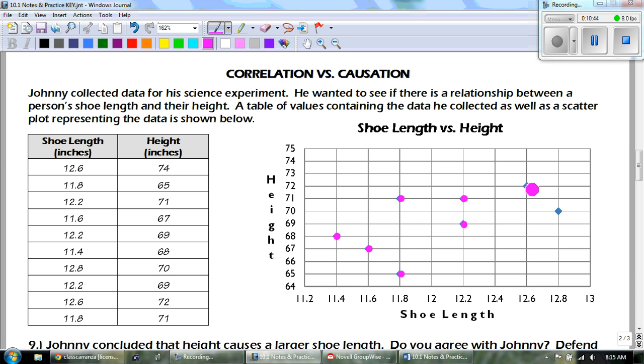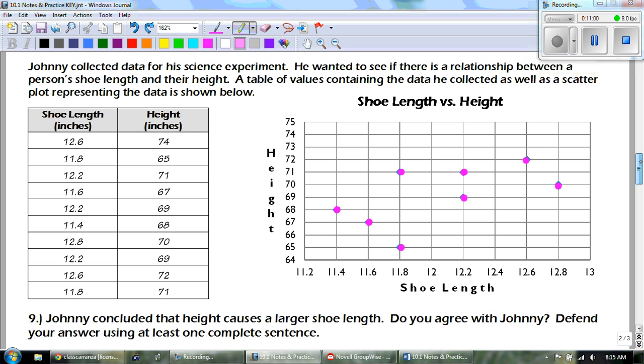Okay, so this is all the data that Johnny collected. You can see his data in the table to the left right here. And so let's take a look at it. The first thing we kind of want to know is what's the general trend? Do you think it's positive? Do you think it's negative?